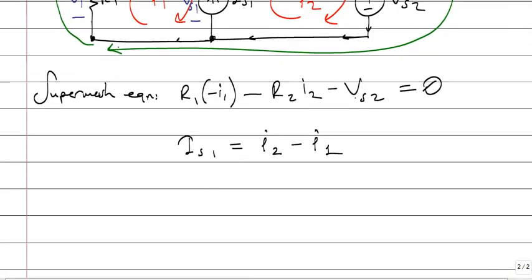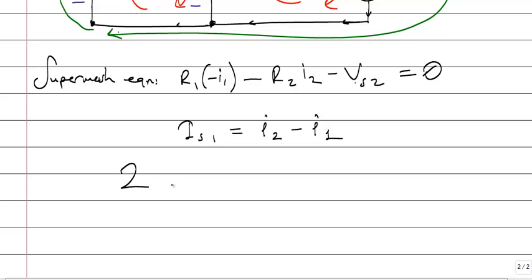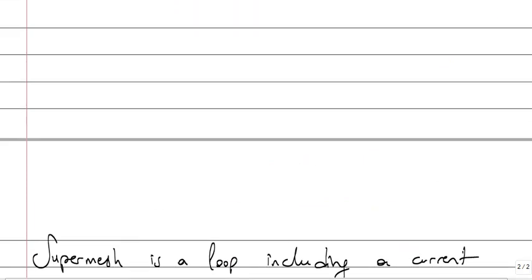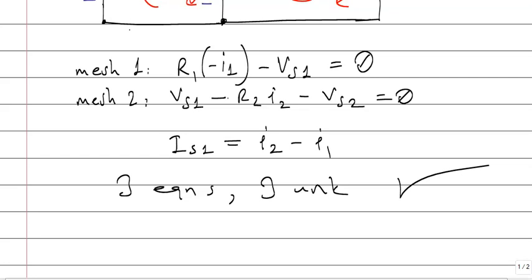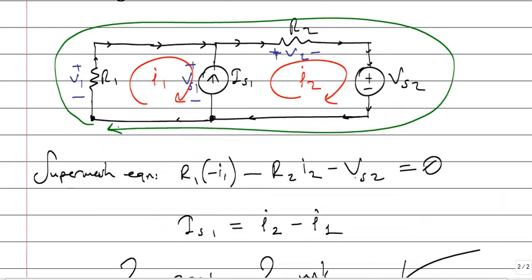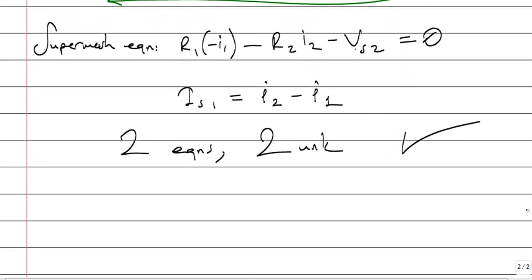So in this system, there are two equations, two unknowns. It's easier than the previous one, because with the traditional mesh method you will have three equations, three unknowns. But if you use super mesh, you will have two equations and two unknowns.